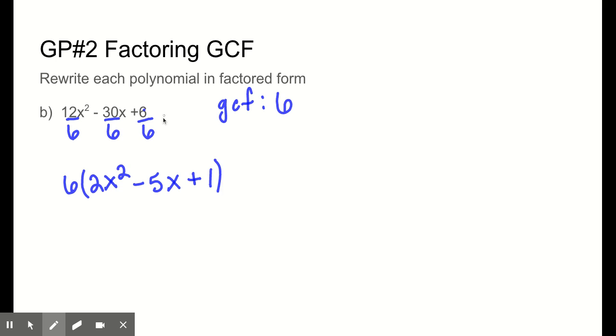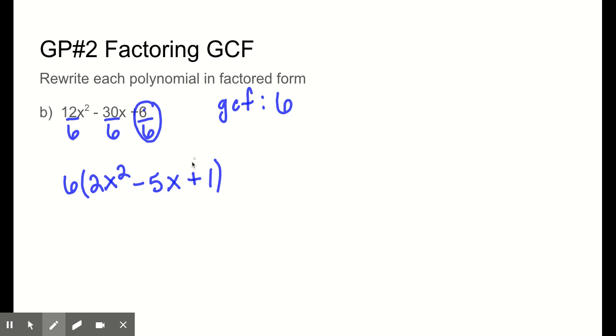Now you have to make sure that any time your GCF is one of the terms of your polynomial that you include that 1. Now, if there's a variable, we don't have to write 1x or 1x squared, but if it happens to be the constant, you do have to put that number there, because if you were to redistribute this 6 to check your answer, you should get the same polynomial that you had to start with.